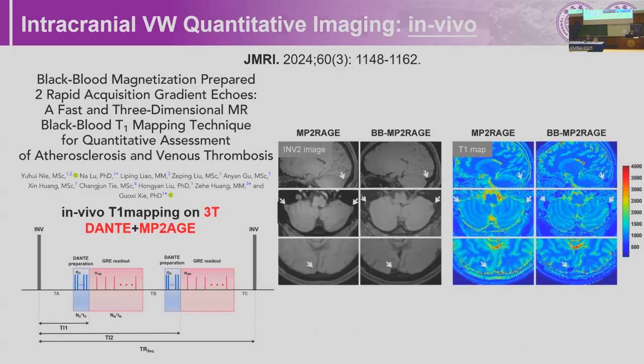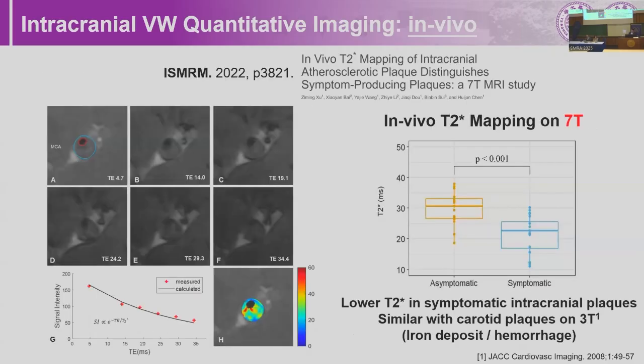This new work uses a DANTE plus MP2RAGE sequence to do intracranial vessel wall quantitative imaging, and this is an in vivo study. We also did a preliminary study using 7T to quantify the T2 star mapping of the plaque.